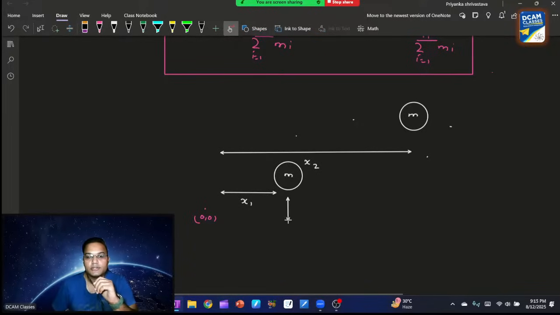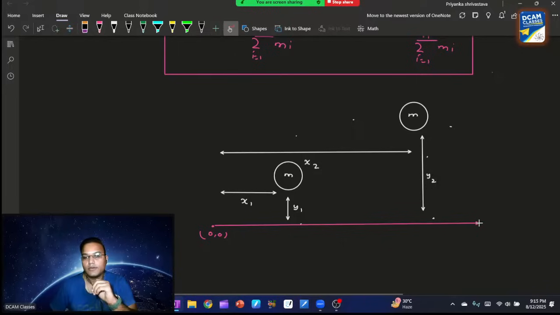This distance is your y1, and this distance is your y2. This is the origin. Let me draw the coordinate axes. This is your x coordinate axis, and this is your y coordinate axis.